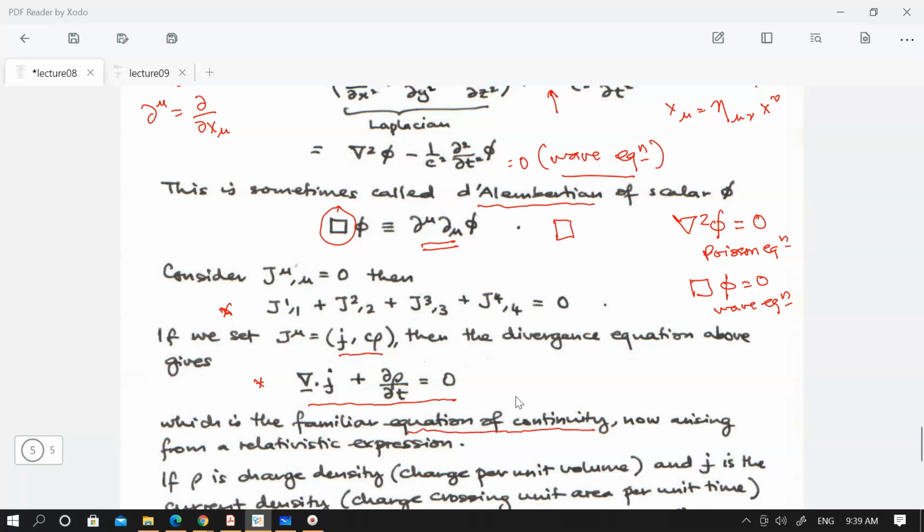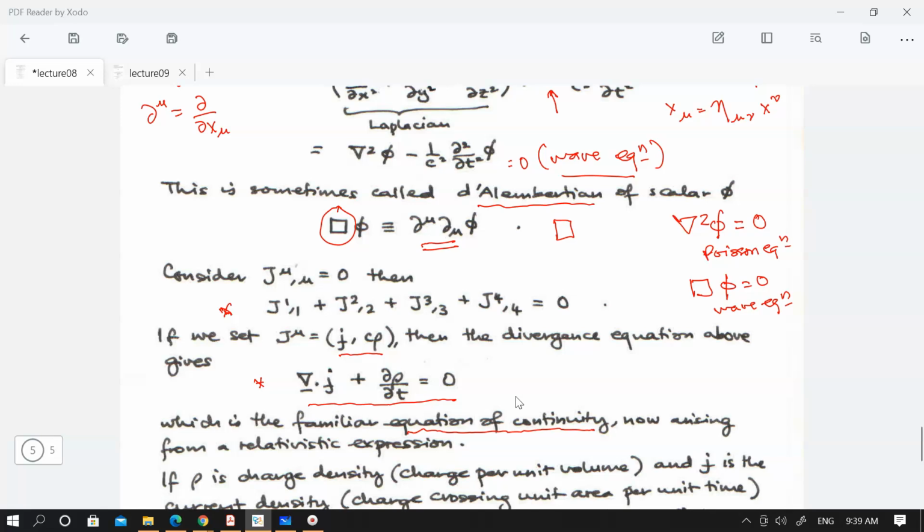And this equation of continuity actually tells you about a conservation of a quantity. The one that will be relevant to us will be the electric current density, and this will be your charge density.